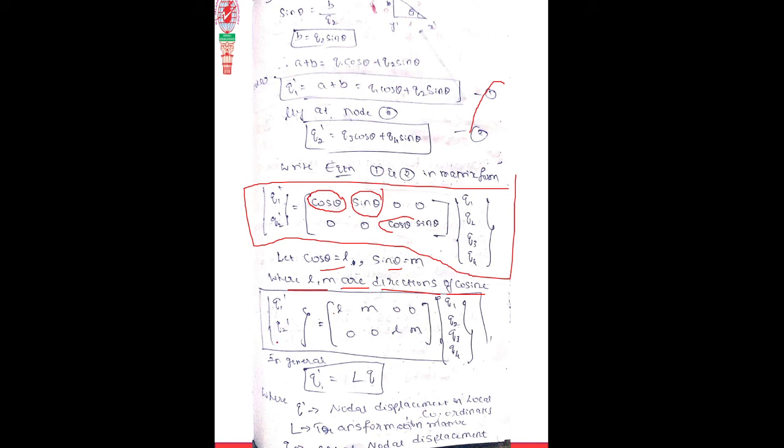Therefore, finally I can write in a general form: Q dash equals L into Q, where Q dash is nothing but the nodal displacement matrix with respect to which coordinate system? Dash, in the sense, which coordinate system did we take? Q1 dash, Q2 dash with respect to which coordinate system?